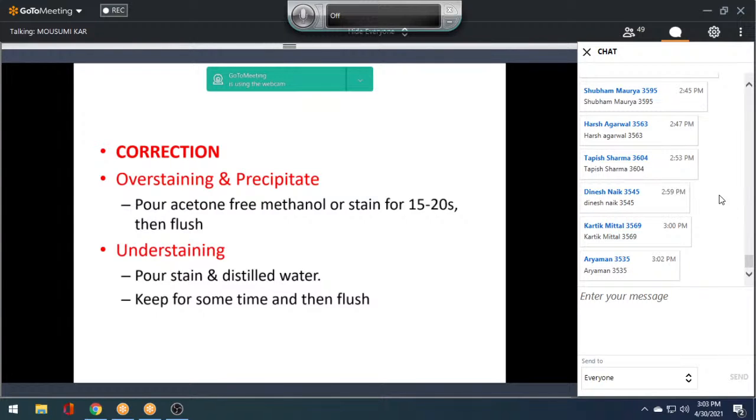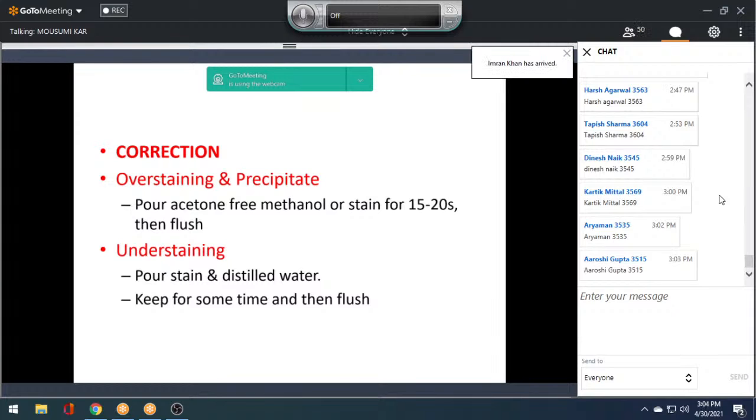Your Leishman stain is basically 0.15 gram Leishman powder in acetone-free methyl alcohol. You just pour your stain over it, let it stay for 15 to 20 seconds, and then wash it off. The acetone-free methanol itself will dissolve the excess stain, and it will wash off.